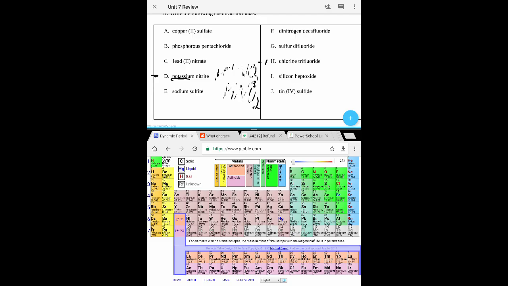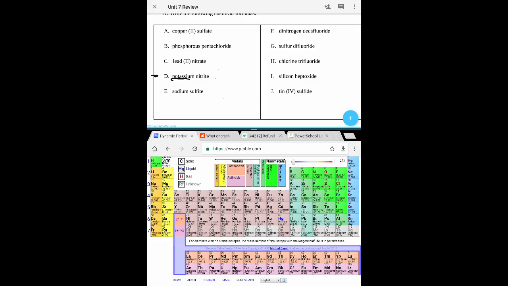Next one we're going to do is sodium sulfite. But let me finish erasing this first. All right, so sodium sulfite. Again, we start with identifying the two parts. First is sodium, second is sulfite.